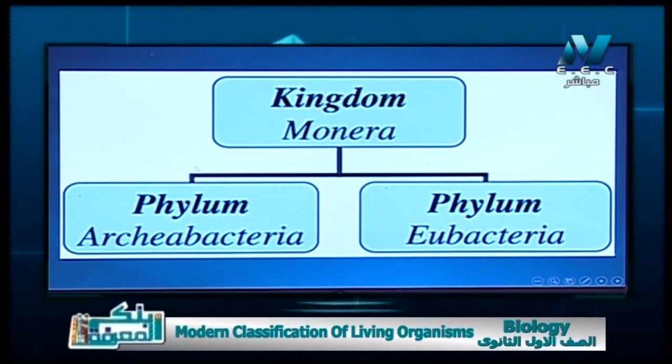These bacteria can be classified into 2 phyla. The first phylum is Archaebacteria, which is more primitive, and the second is Eubacteria, or true bacteria, which is more developed.